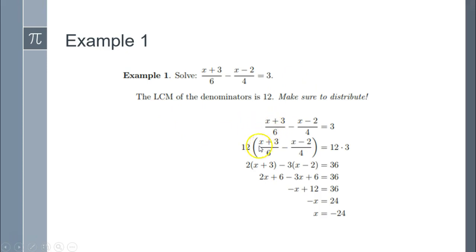So I take 12 times the x plus 3 divided by 6, and 12 over 6 leaves me just a 2. And here's where that parentheses is important. And then I do 12 times the x minus 2 divided by 4. Well, 12 divided by 4 is 3, so the 12 over 4 will reduce to a 3.